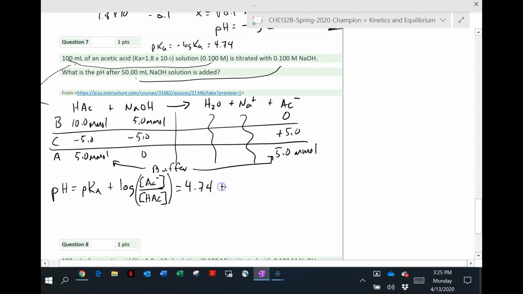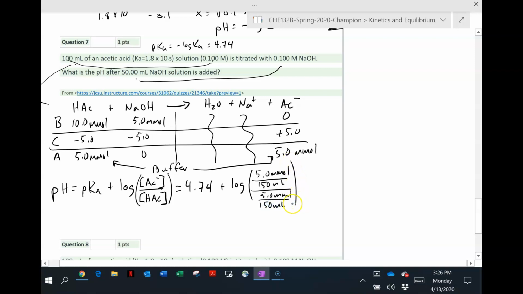And then if we're looking at the log of the concentration of the acetate ion, normally we would have calculated the concentration of the acetic acid and the acetate ion using the sum of the volumes, right? So it would look something like this: 5.0 millimoles over 150 milliliters, and then over here I'd have 5.0 millimoles over 150 milliliters.